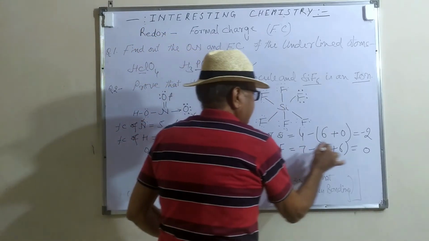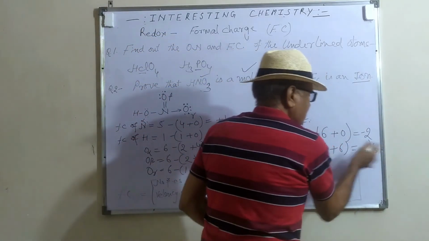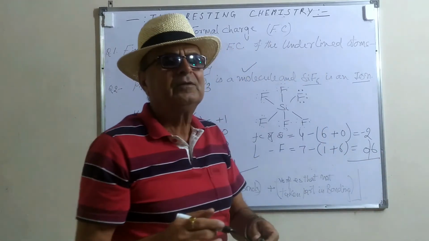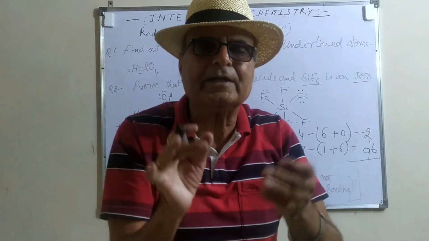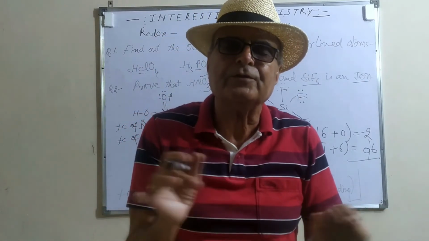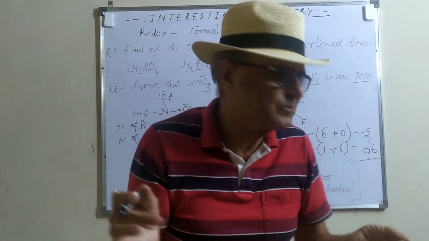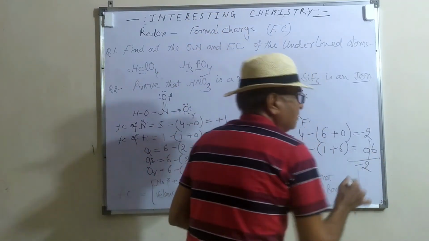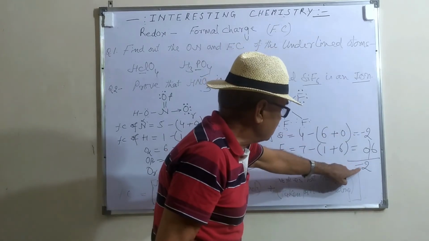You can multiply this by 6. So it is 0. Now the formal charge of all atoms that are found in SiF6 is -2.